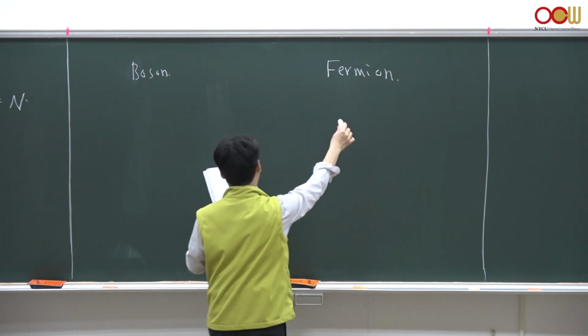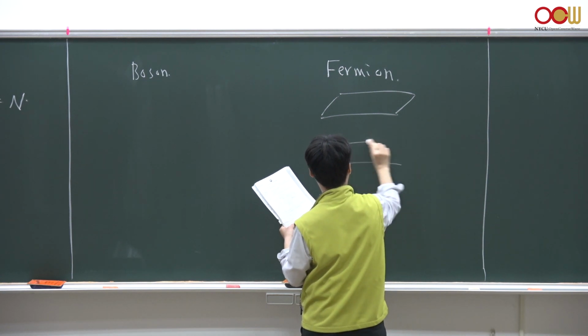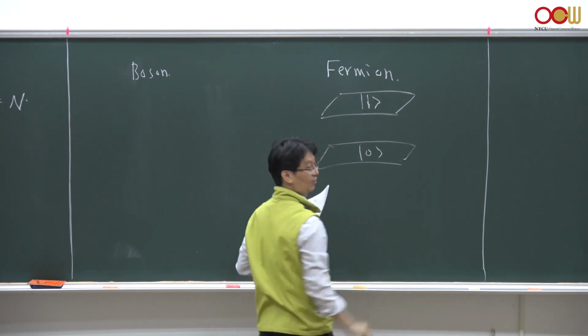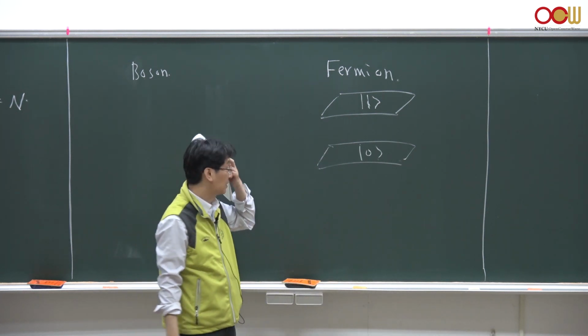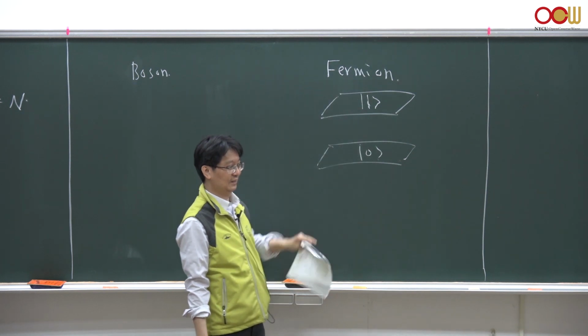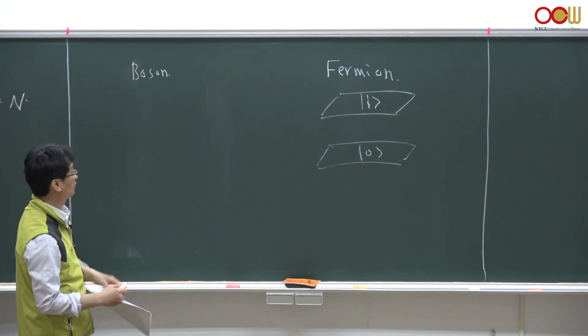For fermions, as we mentioned, there are only two occupations available: empty or singly occupied. There are no doubly or triply occupied states for fermions.